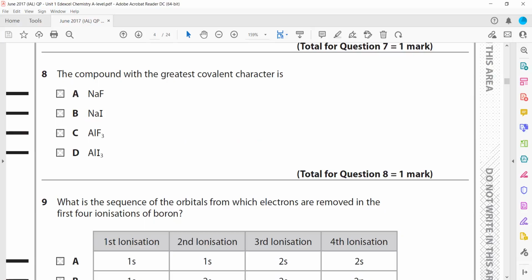In this case, aluminium will be +3 and iodine will be larger in size, because the covalent character here refers to polarization. And polarization depends on what? It depends on the size of the positive ion, which should be small.